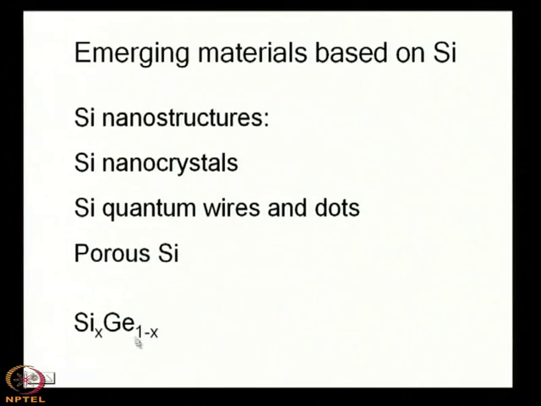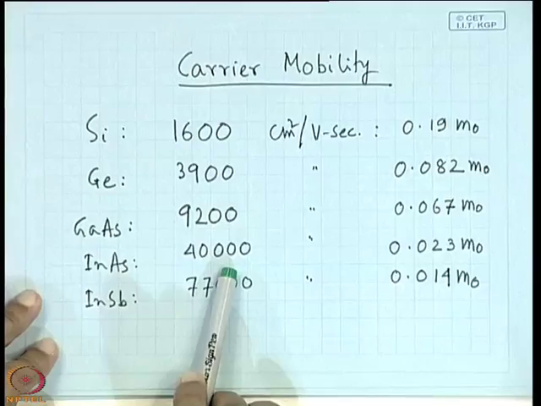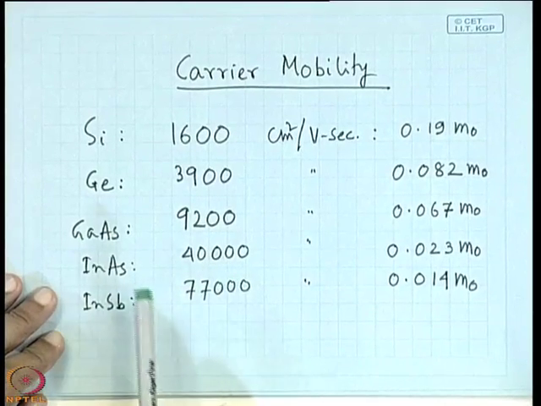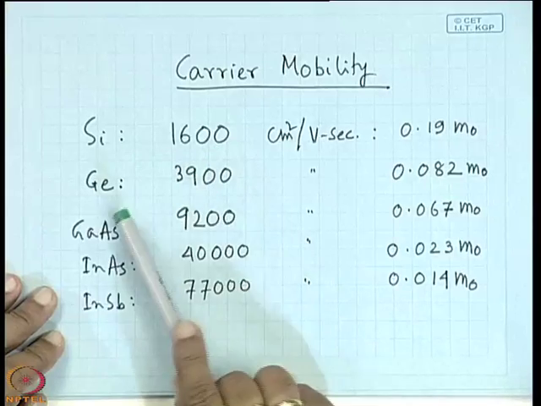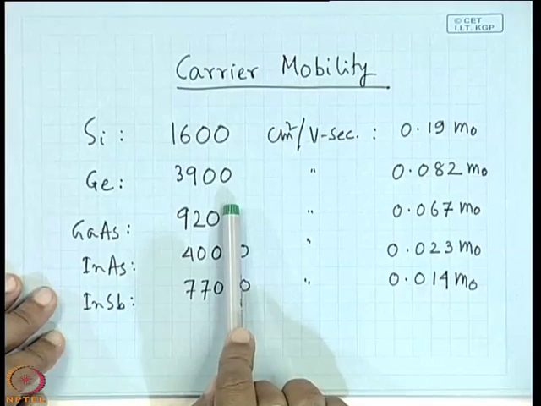And another important material, that is not a nanostructure but a bulk material, is silicon germanium. You see, Si x Ge 1 minus x. So, you can make silicon germanium, and first I can discuss this material a little bit, because the carrier mobility of silicon is 1600, but for germanium it is 3900.